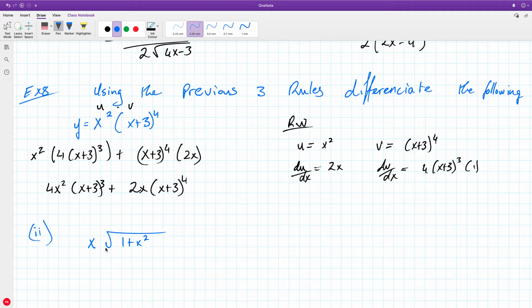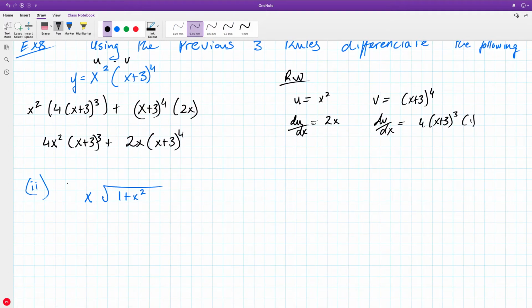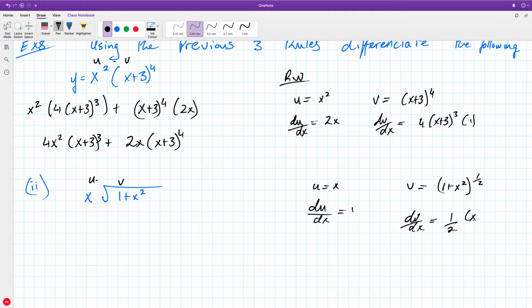Right, let's have a little look at it. So, u by v. u is equal to x. du/dx is 1. v is equal to 1 plus x squared to the power of a half. dv/dx is equal to a half times 1 plus x squared to the power minus a half.